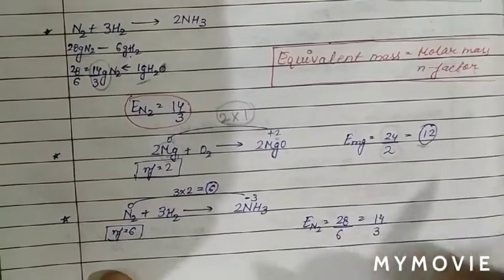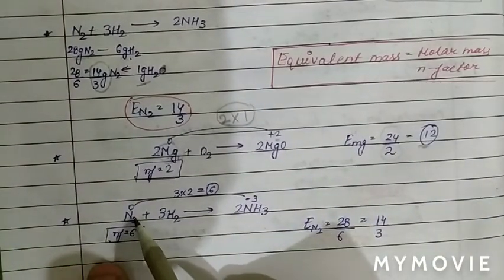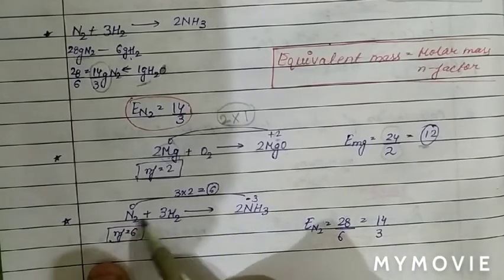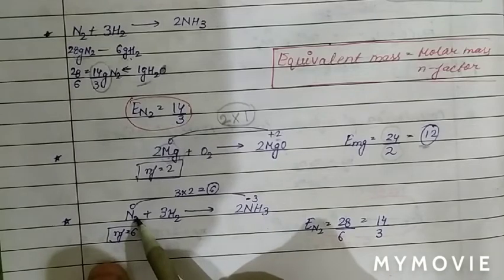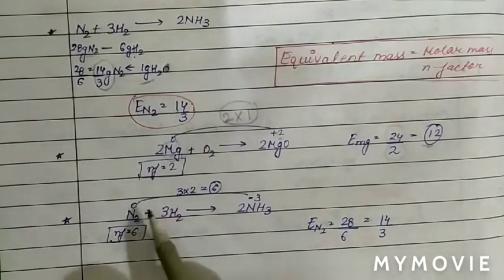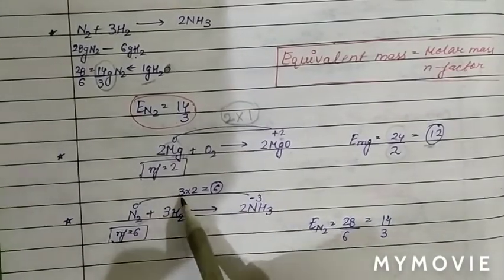Now see the next question. In this case, when N2 combines with hydrogen to form NH3, oxidation number of N2 is 0, nitrogen is 0 here, and nitrogen is -3 here. So for one atom of nitrogen, change in oxidation number of 3 from 0 to -3.